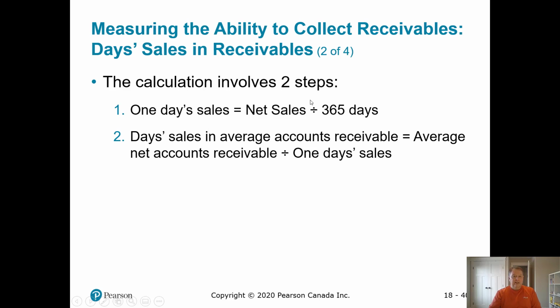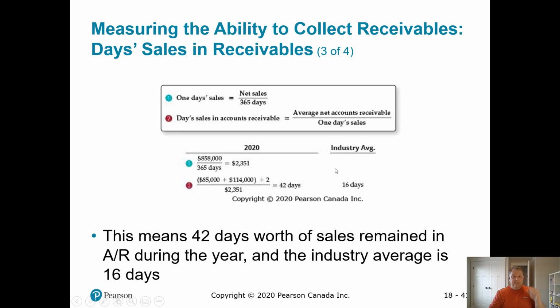So you take the sales number and basically divide by 365, and that tells you how much you sell in a day. And then if we take that day's sales and average receivables, it tells us how many times we're getting those receivables collected. So in this case, here's the calculation.